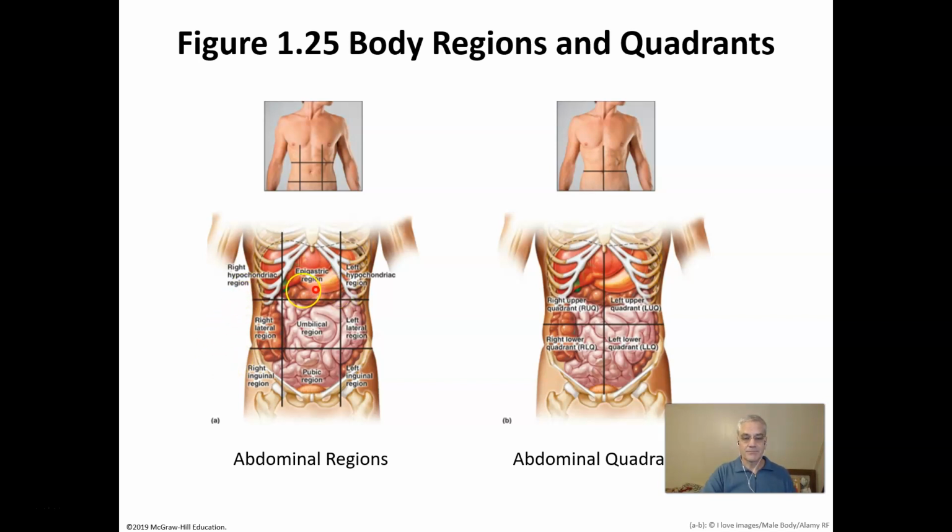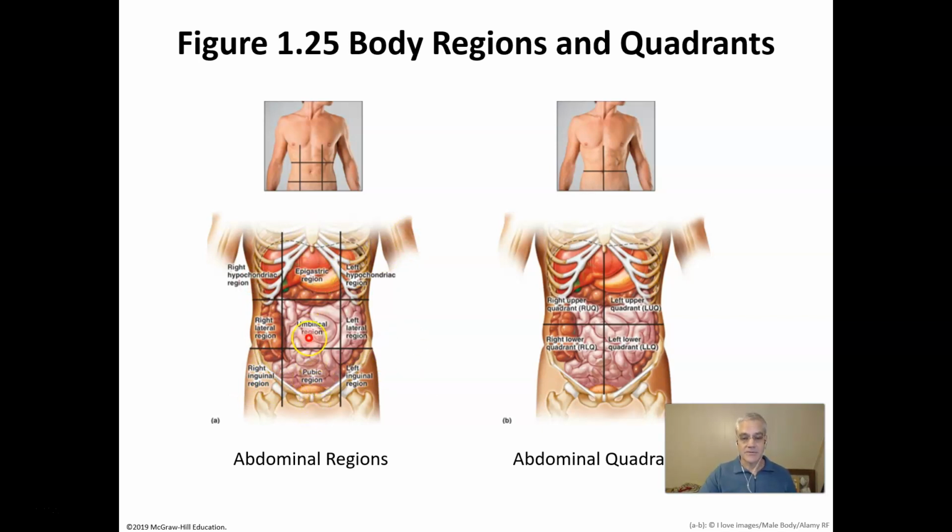So we have the right hypochondriac region and the left hypochondriac region. Those are the upper parts. Then you go down to the left lateral and right lateral. That sort of makes sense. And then you go further on down to the right inguinal and left inguinal. So those are the rights and lefts. In the middle, we call them something else.